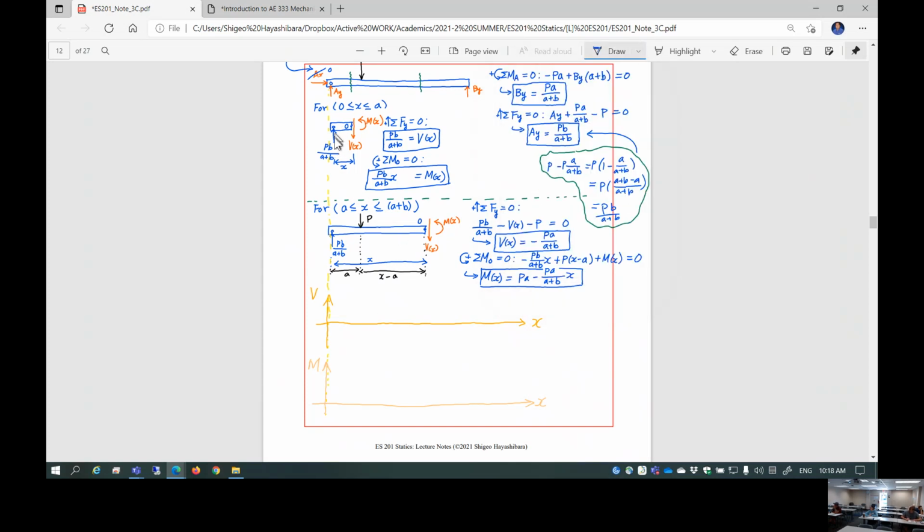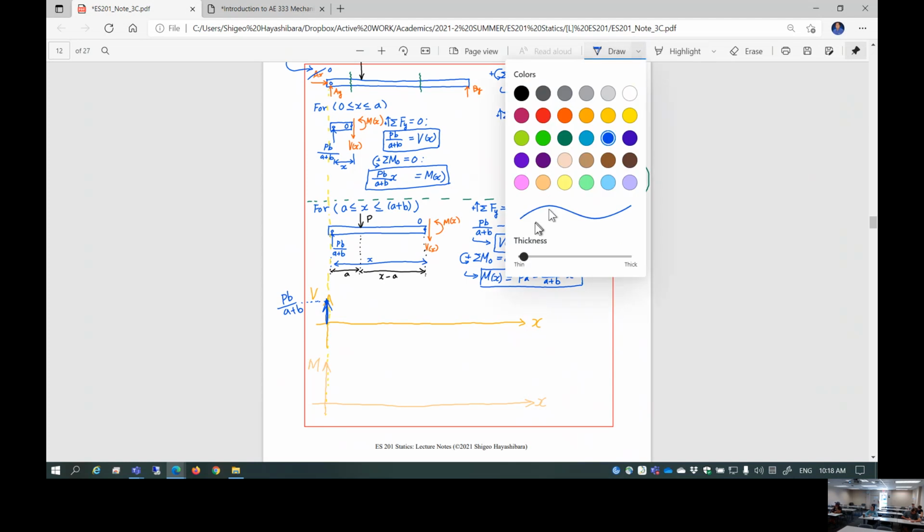If you look at the shear right here at the very end of the beam, you have a support reaction AY, which is PB over A plus B. So you have a jump up this much value. How much value for that? Of course, this is going to be PB over A plus B, right?